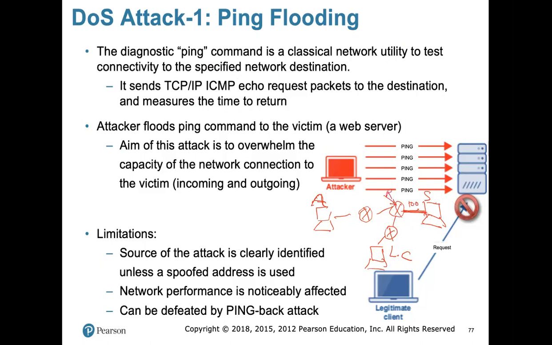This is a router, and this router drops the packet because it cannot forward the packet over this link. So the link here doesn't serve legit packets, because many fake ping packets are being transferred from some attacker. So this is a ping flooding DOS attack.